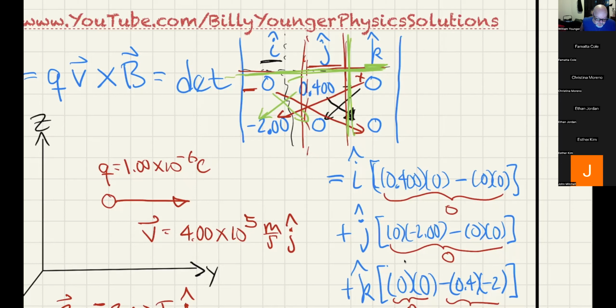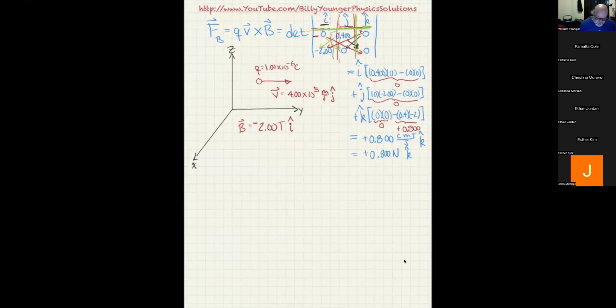I'm just going to go from the 0 under the I times the 0 2 down from the J minus the 0.4 under the J times the -2 2 under the I hat. So that's what all that was about. I'm going to show you another way in a second, but what I want to do first is let you see that in fact the direction is exactly what we should have expected by doing the right-hand rule.